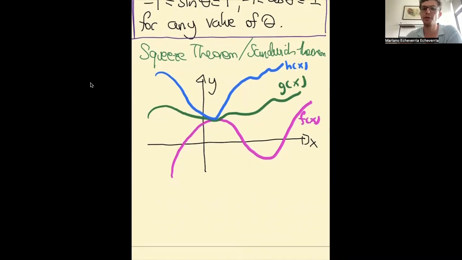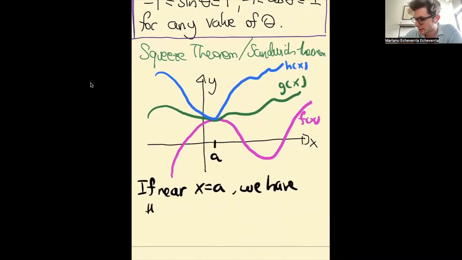Okay. So here's what the squeeze theorem says. You have a point A here, and the squeeze theorem says if you know that near A we have that g of x is between f of x and h of x, right?